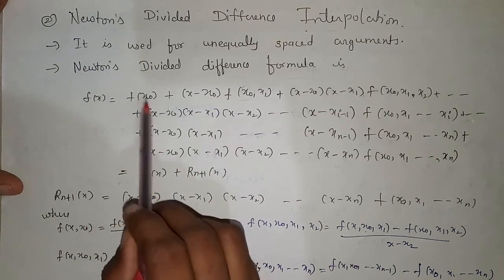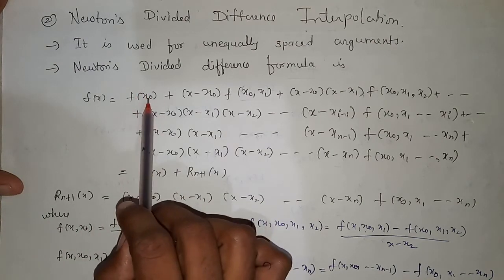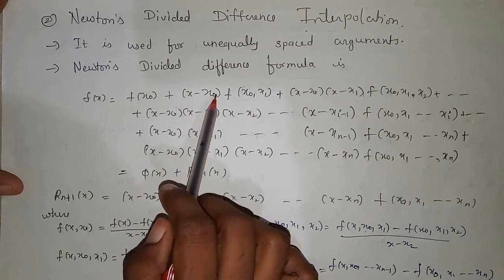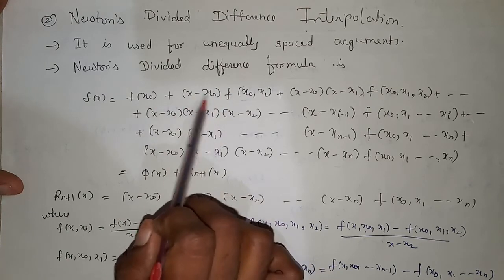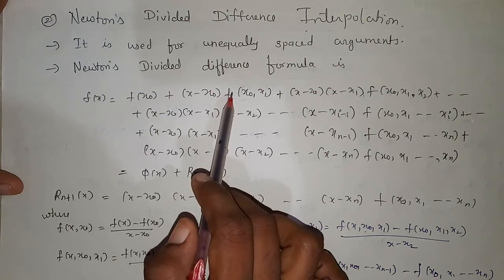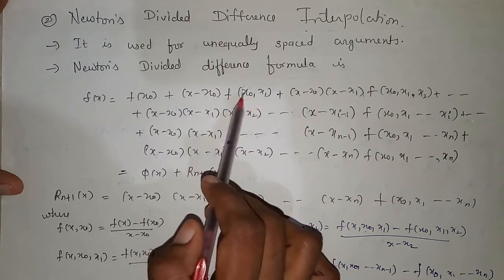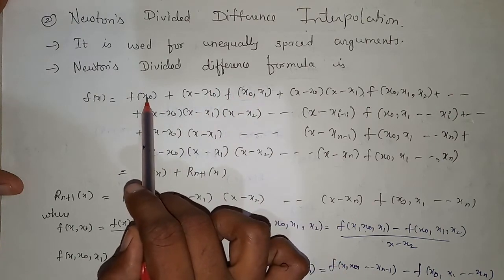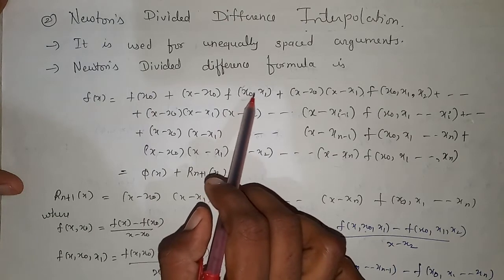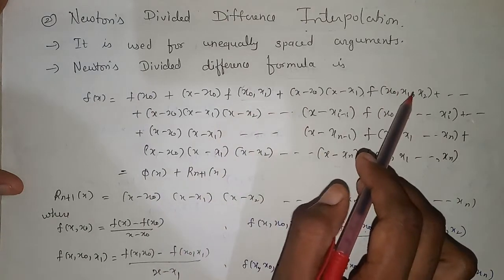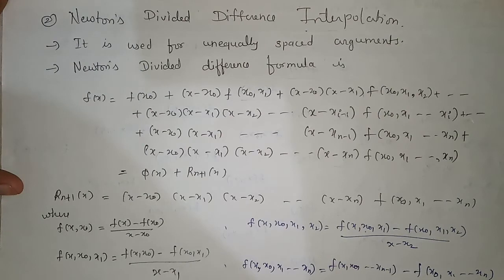Here we have to see first this is for f of x0 only. Then we are subtracting x0 from x and we are multiplying this by f(x0, x1). So for the first one there is only one argument. Here we are taking the difference of two arguments, here the difference of 3 and so on. We will see that in every next step we are using one more argument.